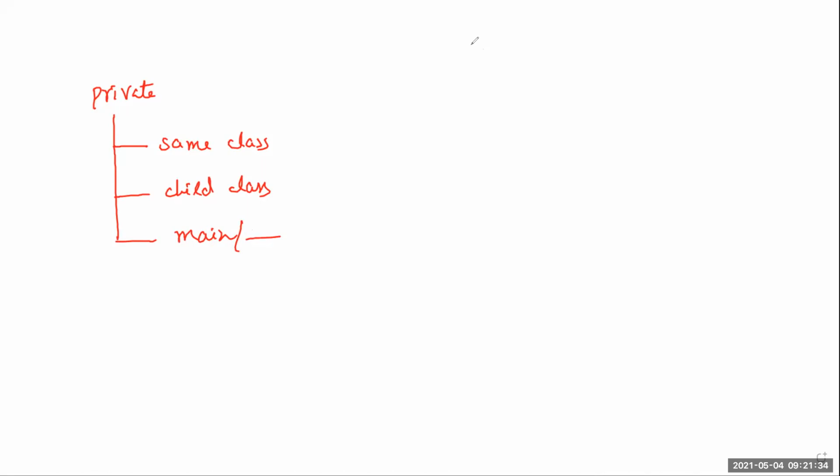Now let's see what is allowed and what is not. If something is private, the same class can access it. Yes. From the main, you cannot access it. We already know that using the dot operator, you cannot access anything which is private. And if something is private, the child class is also not allowed to access it. You just saw in the previous example, we were not able to access X and Y because they were private.